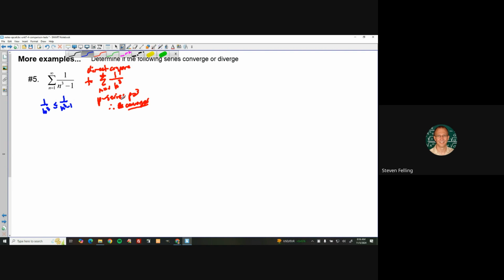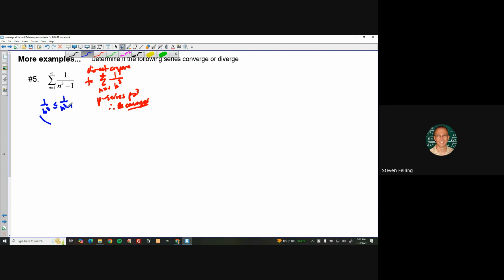Let's see, we have a comparison for convergence there. This one, the simpler one, converged. Is that right? P-series, yeah, this one converged. So is this right?